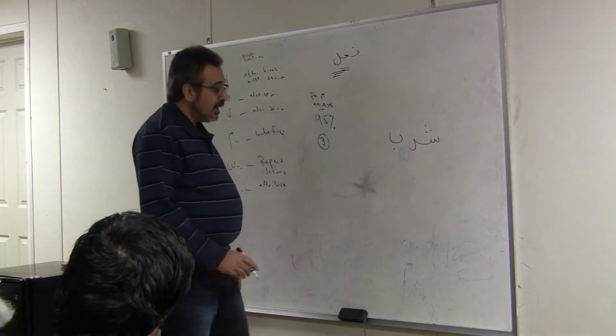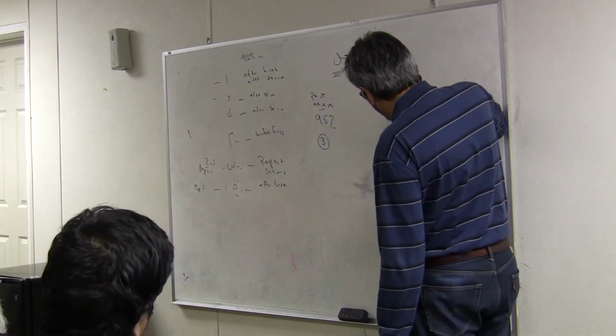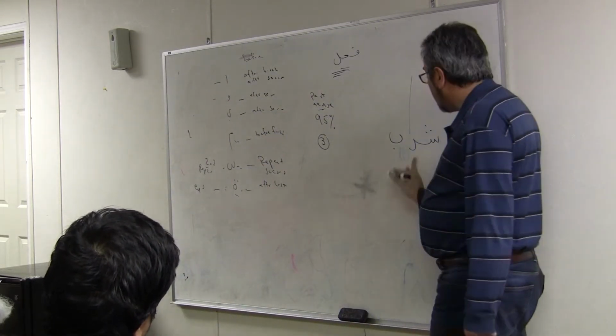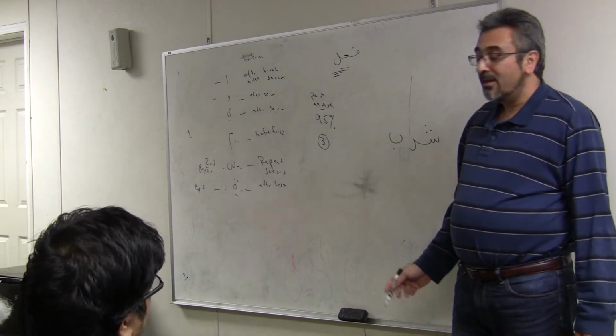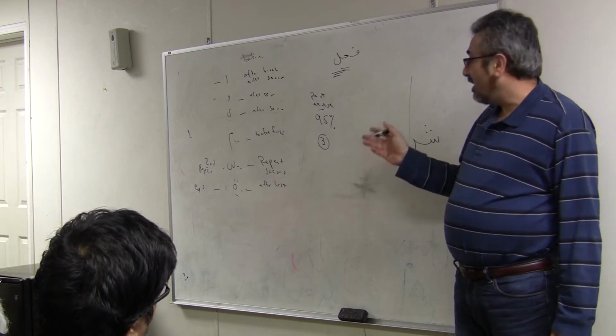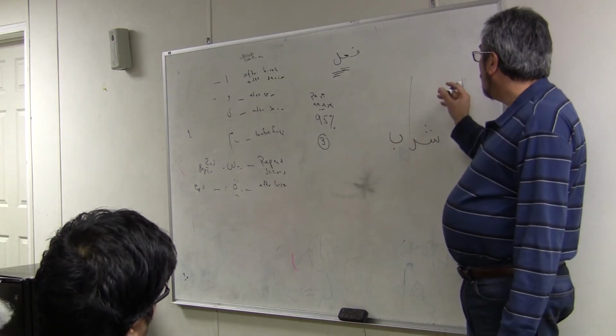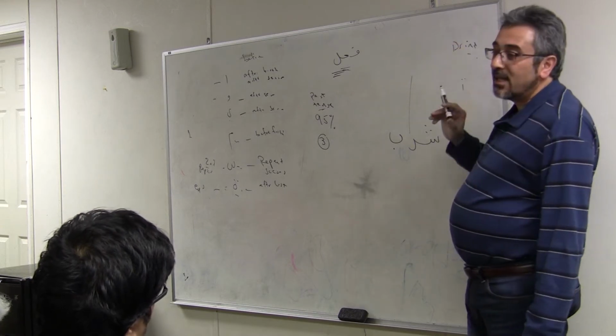If we put the alif between the second and the third letter, sharab means a drink. Drink was a verb, and now drink as a noun.